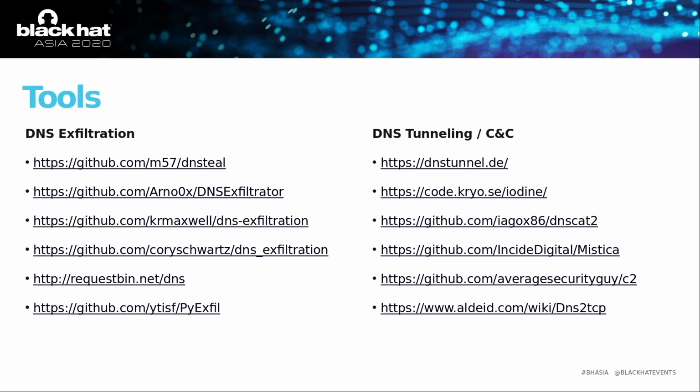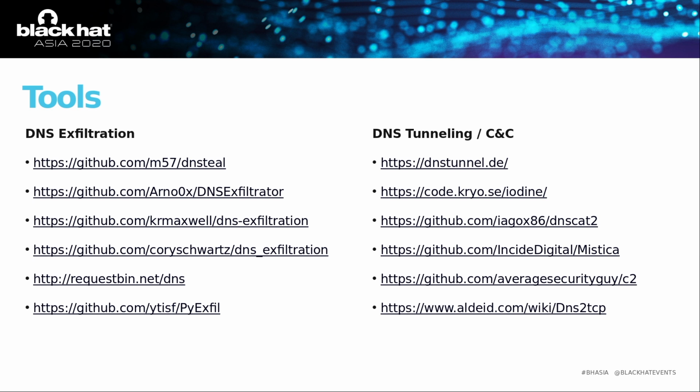So what kind of tools do we have out there? These are all open source tools, most of them from GitHub, right? I divided them in two categories. One is for DNS exfiltration and one for tunneling and command and control. For example, just to name a few, on the DNS exfiltration side, there's PyExfil, which is a framework used from a red team point of view to test what kind of exfiltration I can bypass or use, and of course it includes DNS as well and many more.